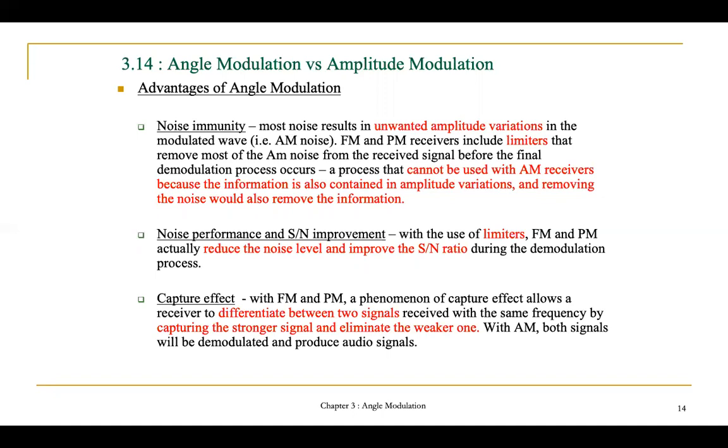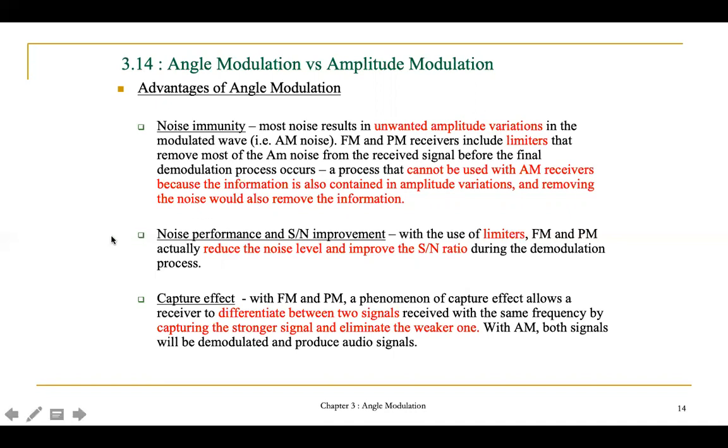The limiter cannot be used with an amplitude modulation receiver because the information is also contained in amplitude variations, and removing the noise would also remove the information.